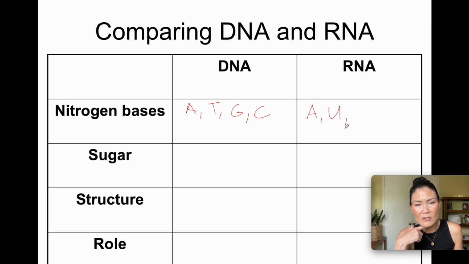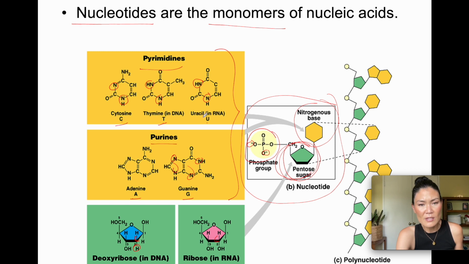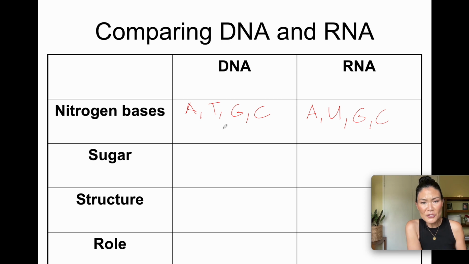It has a uracil, guanine, and cytosine. There's no thymine in RNA. It's uracil. And then the sugar in DNA is deoxyribose, whereas the sugar in RNA is ribose.